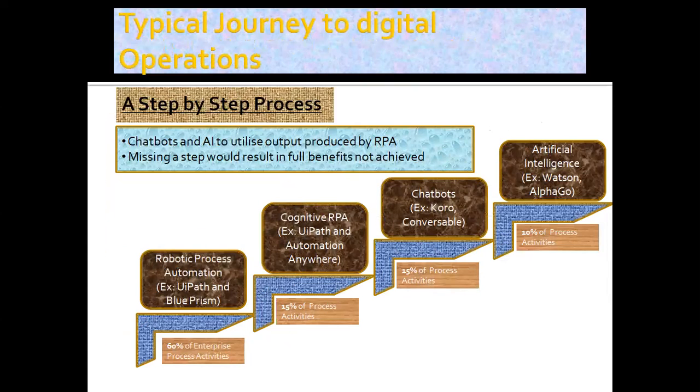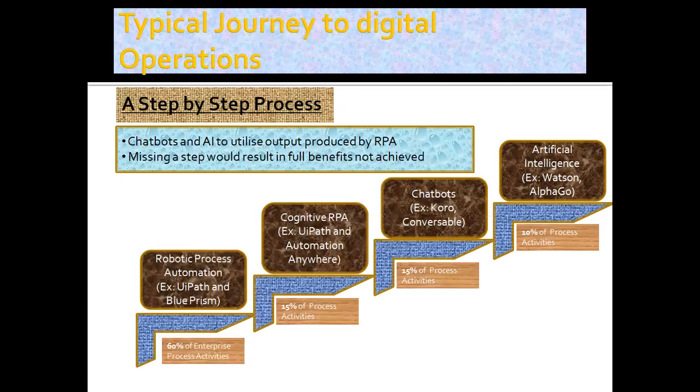Okay, so I just kept one simple step-by-step process here, in case any customer wants to make their process into digital operations. If you see, I just kept from robotic process onwards. Before robotic process, if they wanted to make it digital, they might have to use big data tools as well, ETL and reporting tools as well.